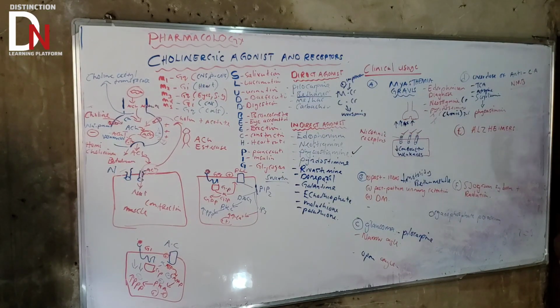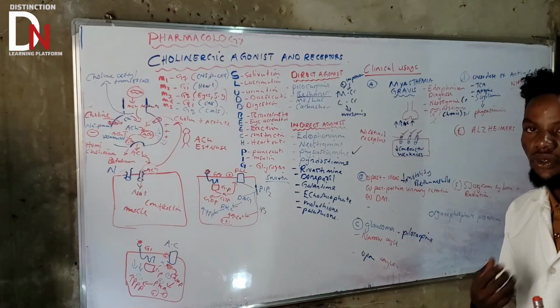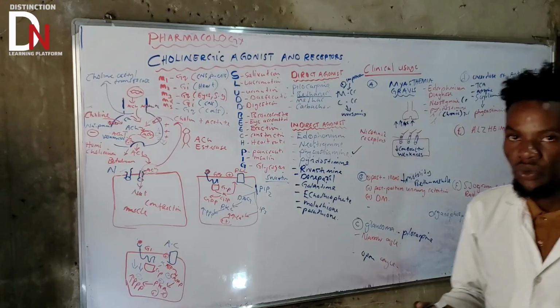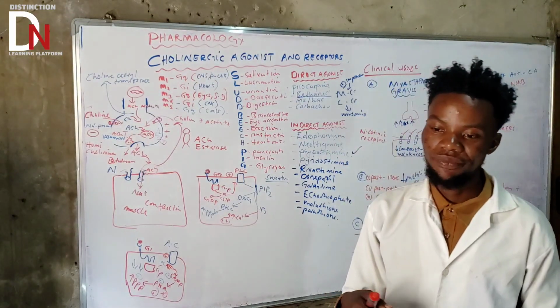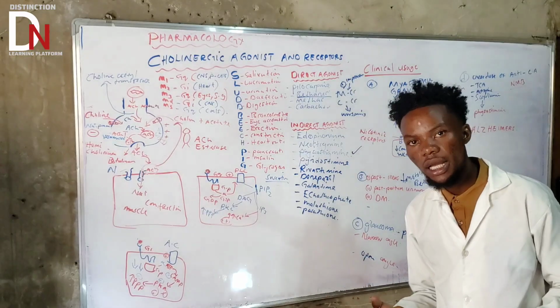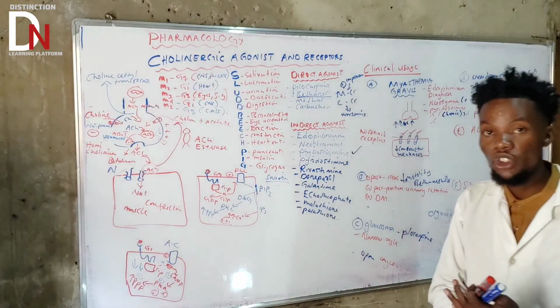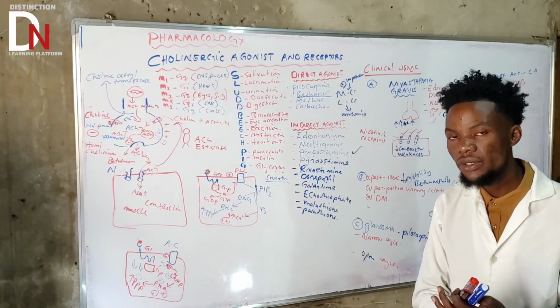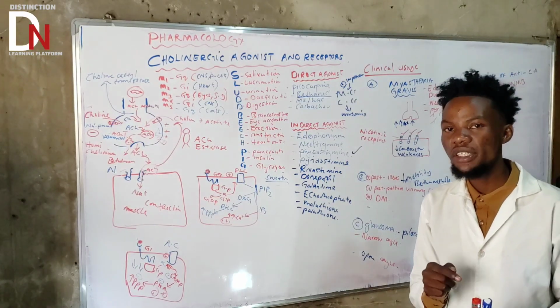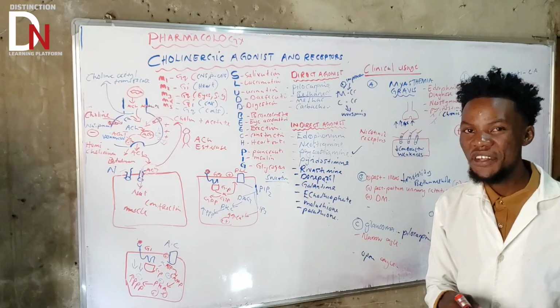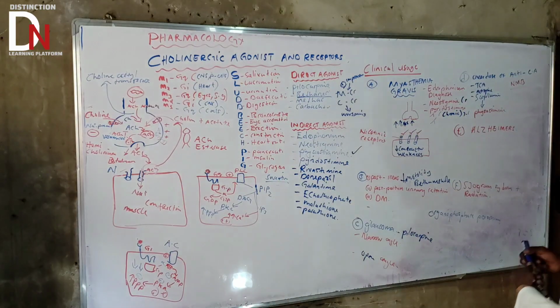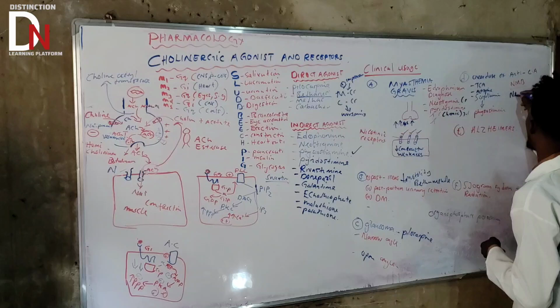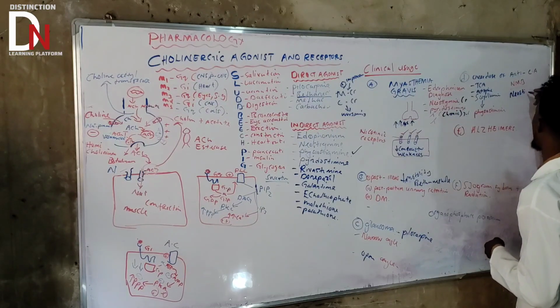You need to reverse the action and have muscle contraction, not muscle relaxation, because neuromuscular blockers are used, for example, in anesthesia, where you need to relax the muscles. You give a neuromuscular blocker like succinylcholine. If you want to reverse that, what drug are you supposed to give? You need to give neostigmine.